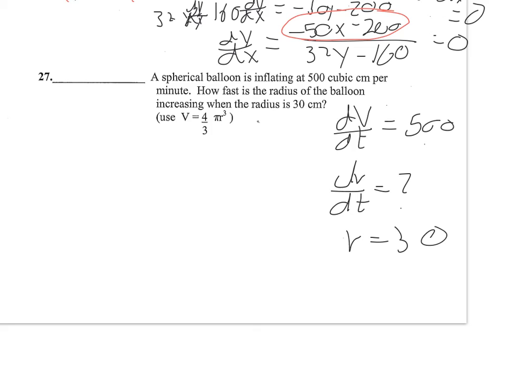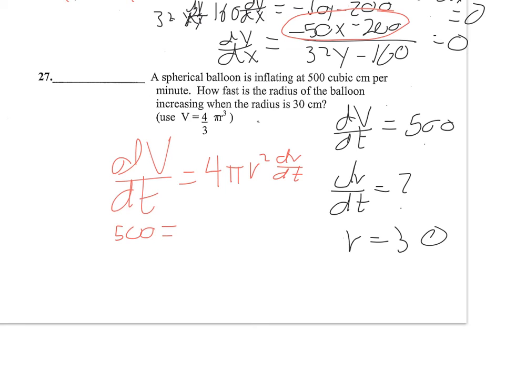Okay, so I'll keep plugging away. So let's find the derivative of this. Derivative of v is dv over dt equals 4/3 pi, so it's just 4 pi r squared times dr over dt. Okay, well, 500 goes here, equals 4 times pi times 30 squared dr over dt. 30 squared is 900. 900 times 4 should be 3600 pi.